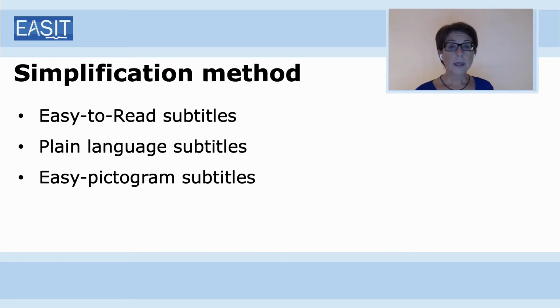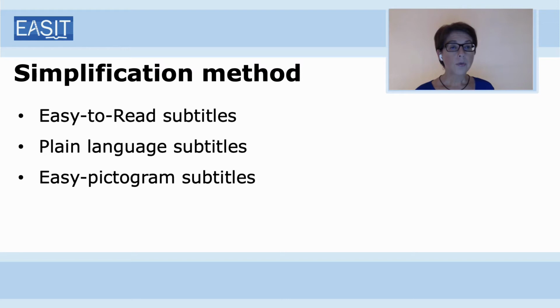Easy-to-understand subtitles can be then classified according to different criteria, such as the type of simplification. Easy-to-understand subtitles can use text simplification methods, such as easy-to-read or plain language, but it is also possible to use graphical simplification methods, for instance, easy pictograms.